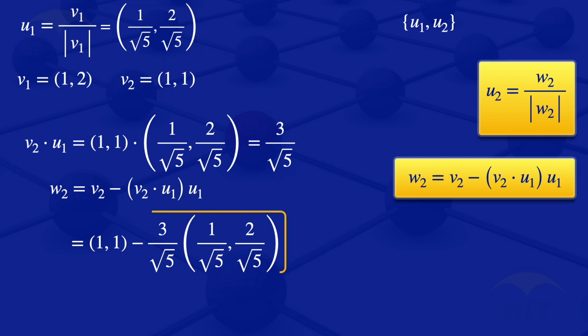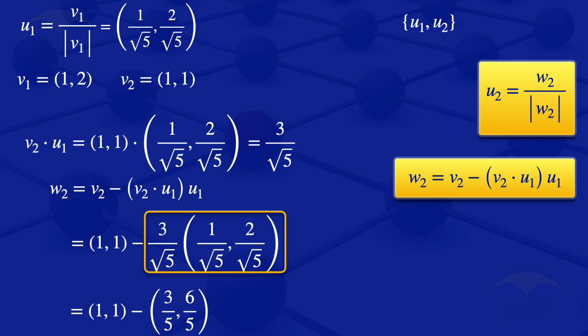Multiplying the vector by 3 divided by square root of 5, the first part is 3 divided by square root of 5 times 1 divided by square root of 5, which gives us 3 divided by 5. The other part gives us 3 times 2, 6 divided by root 5 times root 5, so it will be 6 divided by 5. We can simplify that to (1, 1) minus (3 over 5, 6 over 5).